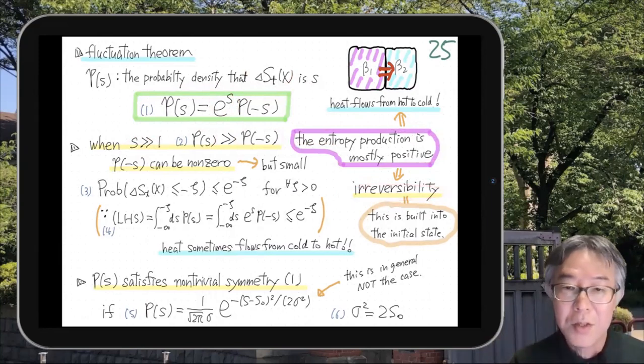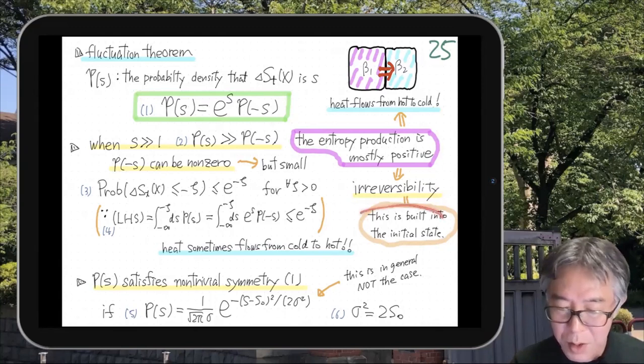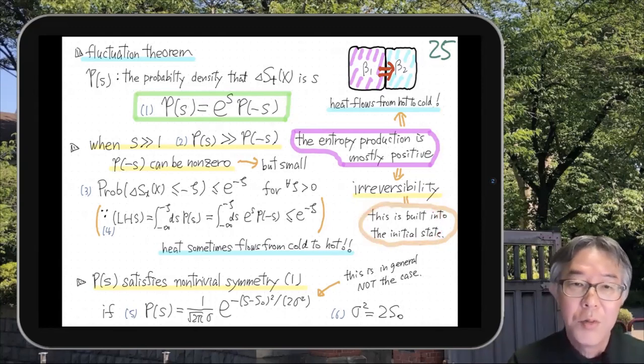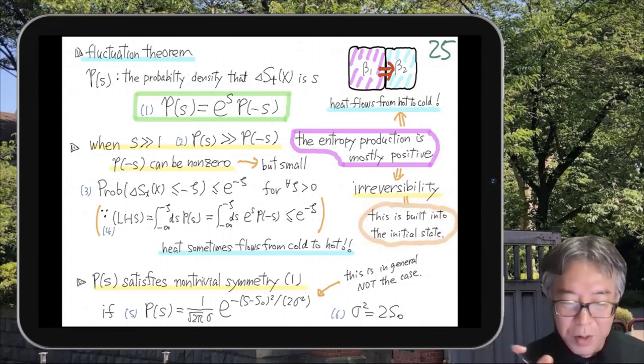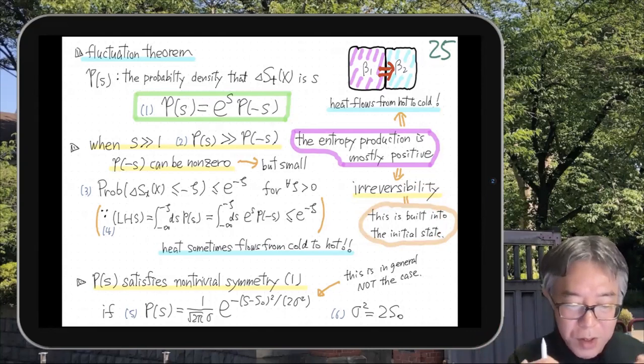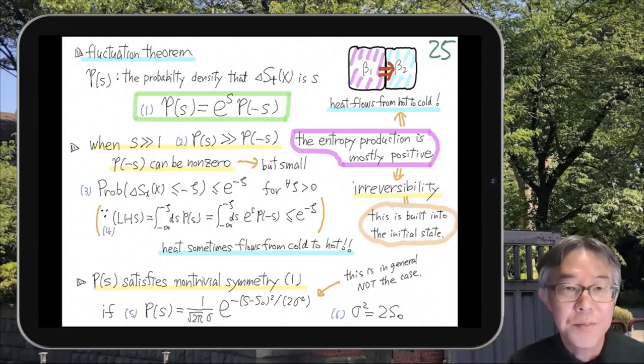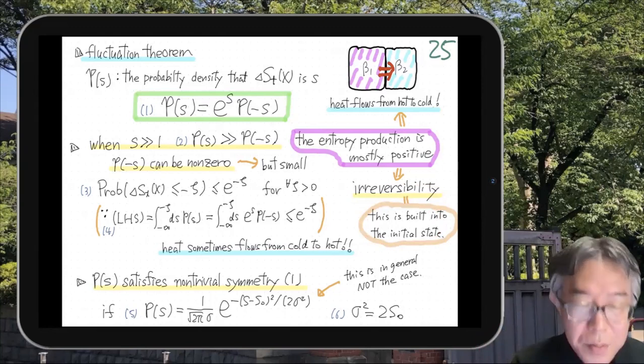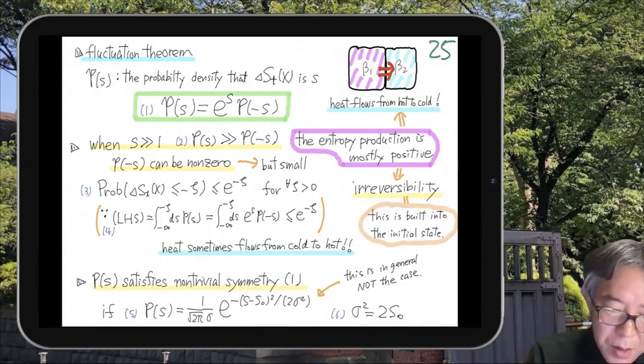But anyway, this is not surprising because this is built into our initial state. We started from a very particular initial state in which we couple two systems. We have two systems in separate thermal equilibrium with different temperatures. But interestingly, there is a symmetry. Suppose that S is positive and P_S is non-zero.